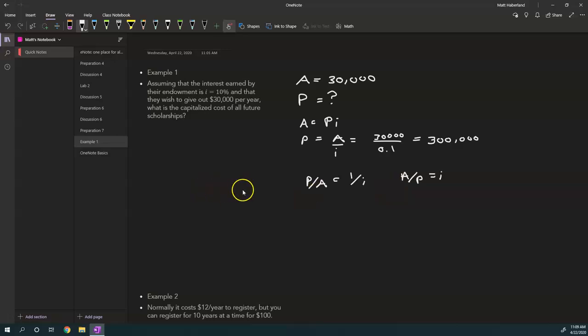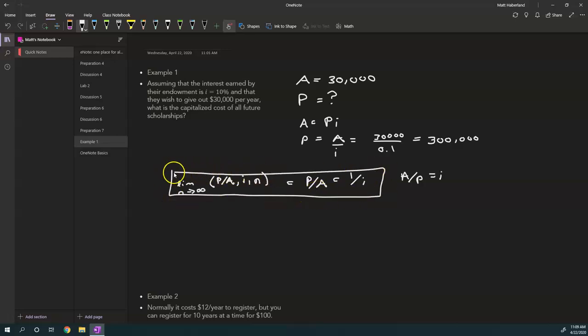These are kind of like the discount factors. This here is the first one, the discount factor P over A, given I%. For N, the limit as N approaches infinity is kind of a way to think about it, is equal to this here. And this is the inverse of that.